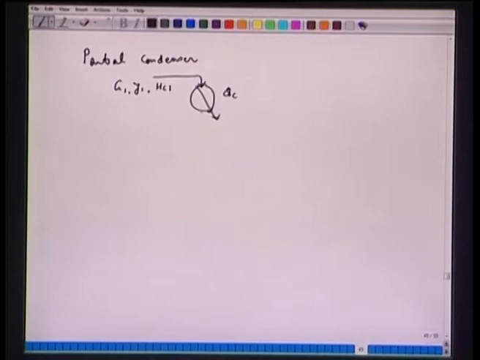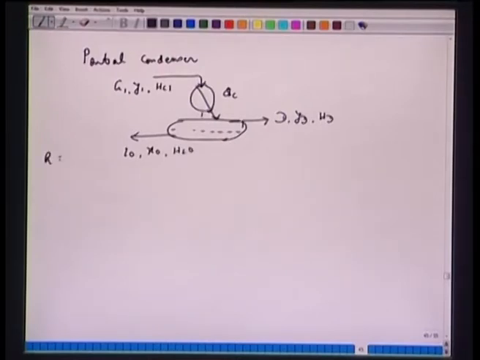Then we showed schematically this separator. Now, the top product which is withdrawn from here is the vapor, so we have D molar flow rate and this YD, with enthalpy HD, and the condensate, the liquid, goes back to the distillation column as a reflux. So we have L0, X0 and HL0. The reflux ratio definition is the same: L0 over D.